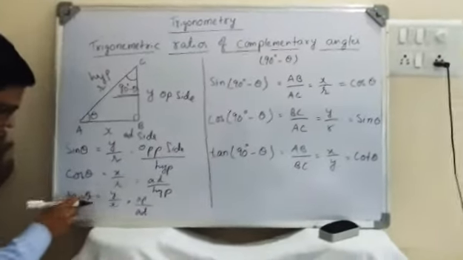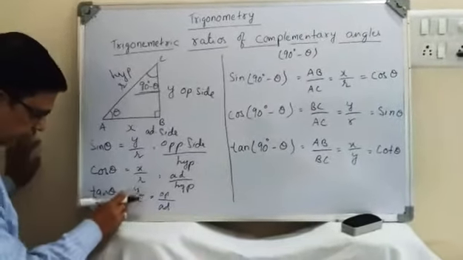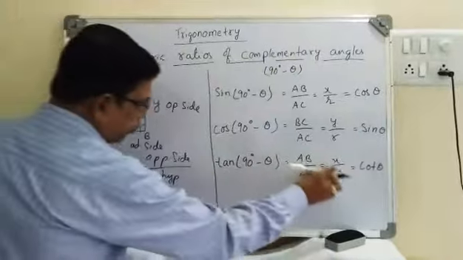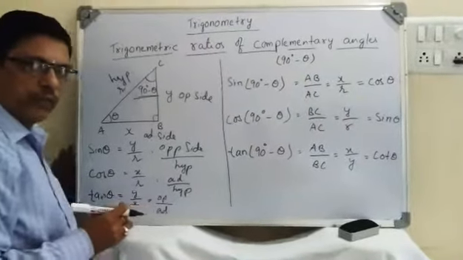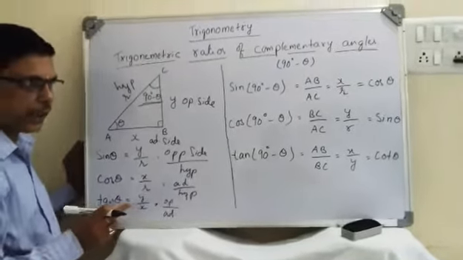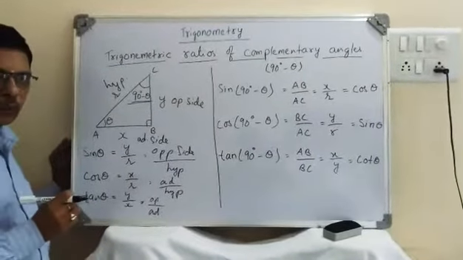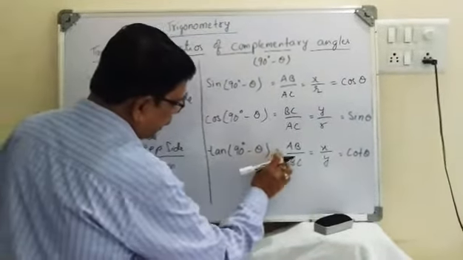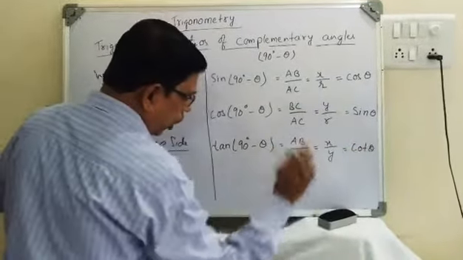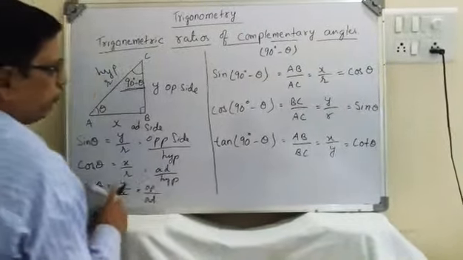Here we got tan theta is equal to y by x, and y by x and x by y are reciprocal to one another. We already learned in the previous video lesson that tan and cot are reciprocal to each other. That is why tan 90 minus theta is equal to cot theta. Is it clear to all of you?